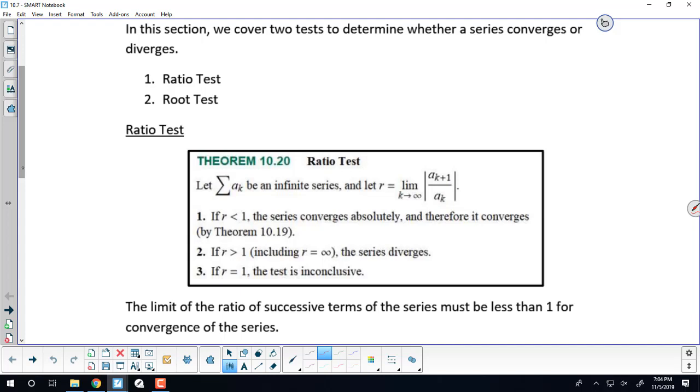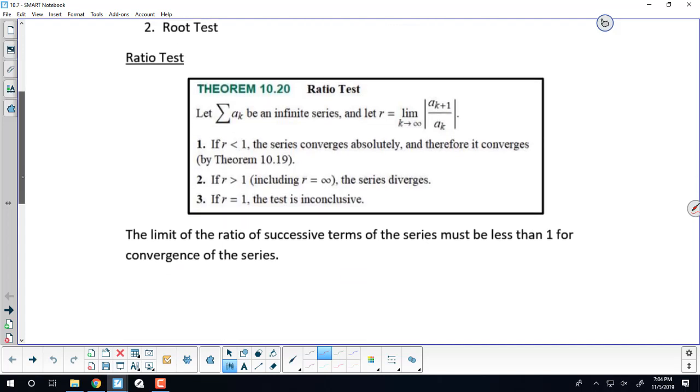These two tests and the geometric series will carry on to chapter 11 when we start determining a particular function converging to a series. These tests will follow us.